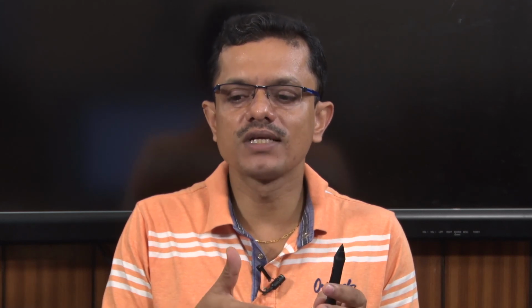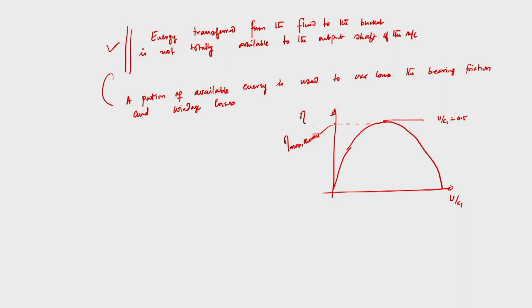Accounting for all these losses, although we have derived that the maximum theoretical efficiency is obtained for a speed ratio equal to 0.5, it is seen that the actual maximum efficiency is obtained at a speed ratio slightly less, which is 0.46. The actual curve is always less than the theoretical one.